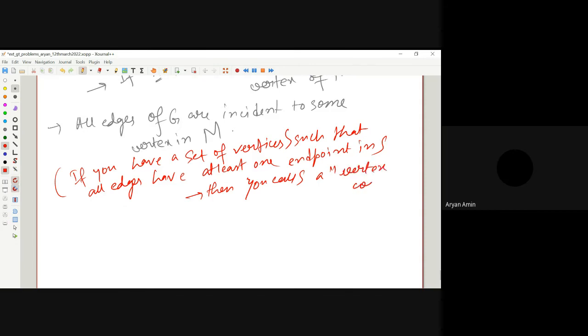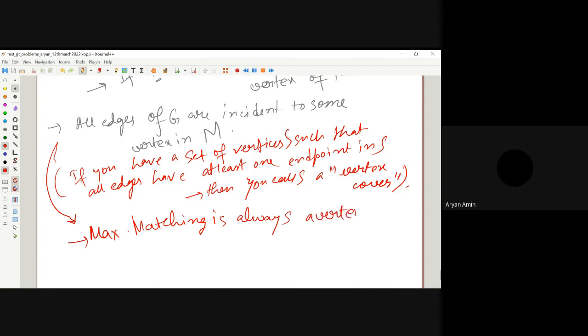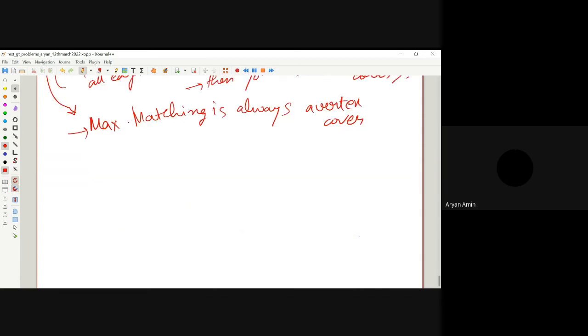So this property tells you that a maximal matching is always a vertex cover, because the rest of the graph is an independent set.